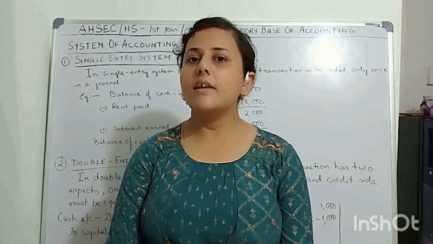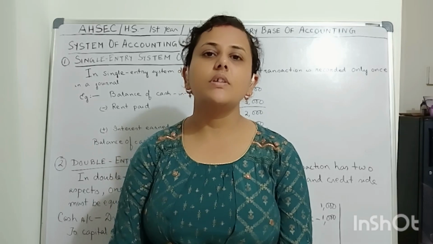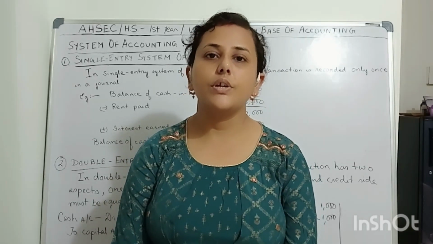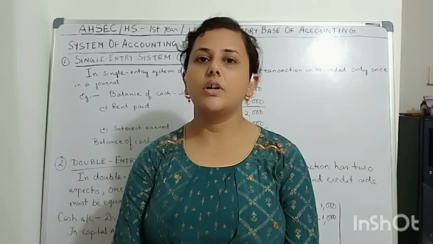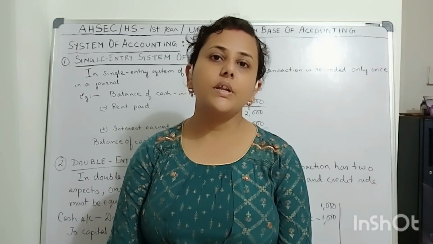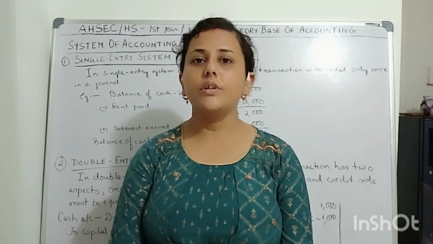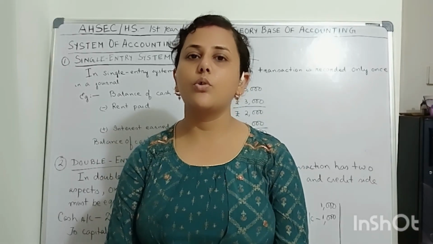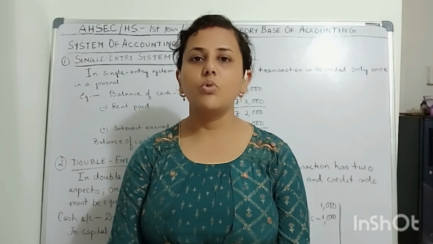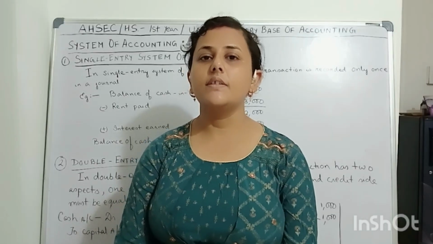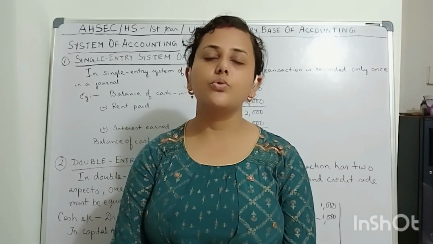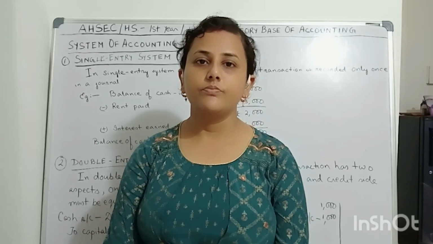In the single entry system of accounting, each transaction is recorded only once in a journal, but in the double entry system it is recorded twice. Or there are two aspects of recording transactions. One is debit, another one is credit. And the debit side total and credit side total should be equal.